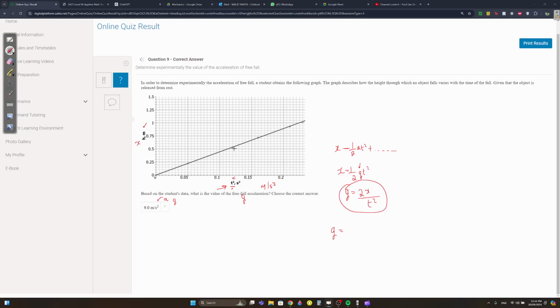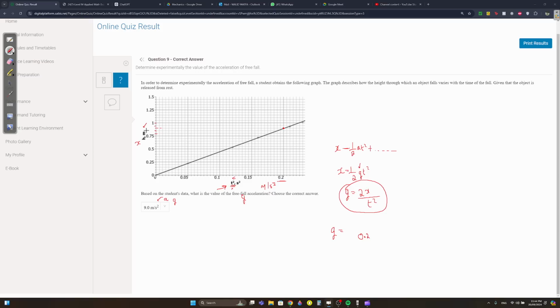Let's take any point. We're going to take this point here, where t squared is 0.2. It's already in squared form. And x is over here. Each division is 0.05, because 1 minus 0.75 is 0.25, divided by 5 spaces.